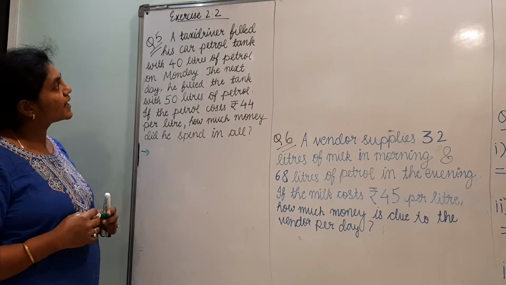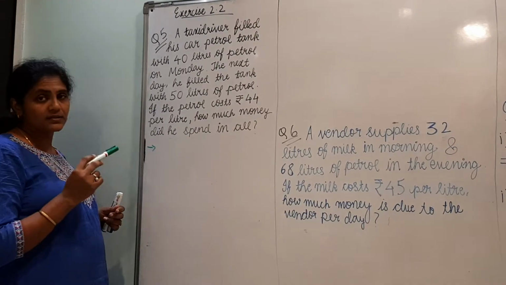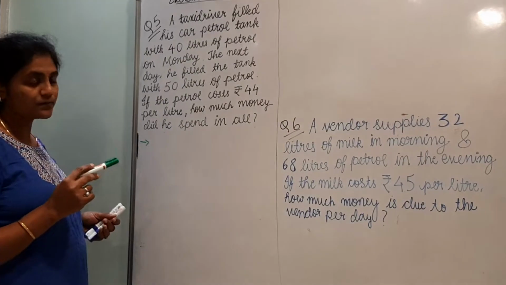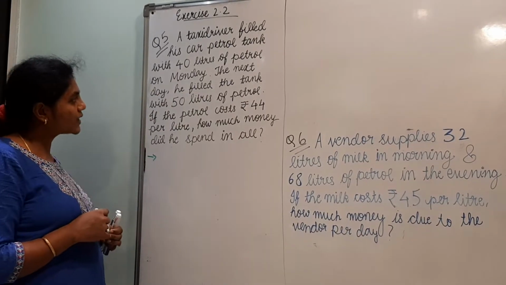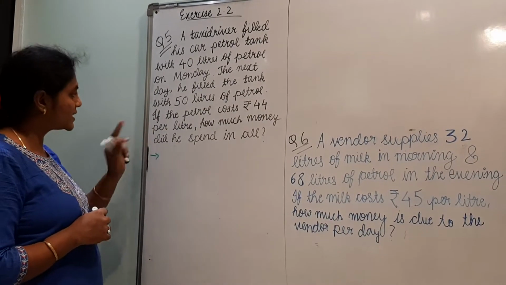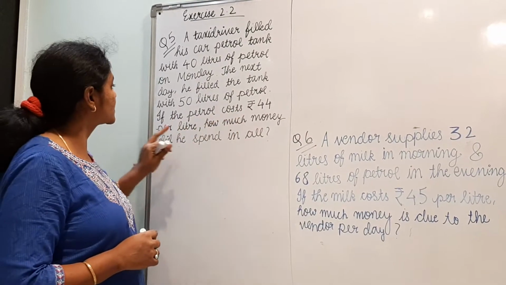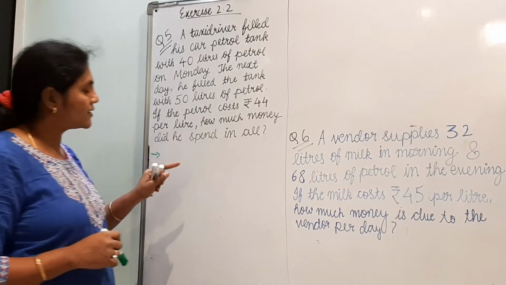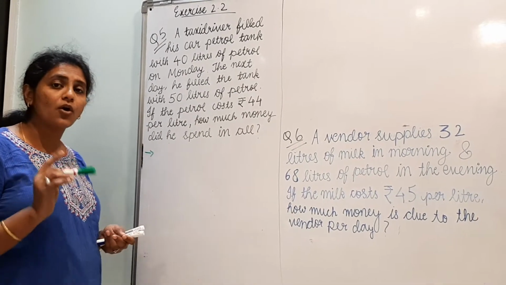A taxi driver filled his petrol tank with 40 liters of petrol on Monday. Next day he filled the tank with 50 liters of petrol. If the petrol cost rupees 44 per liter, how much money did he spend in all?